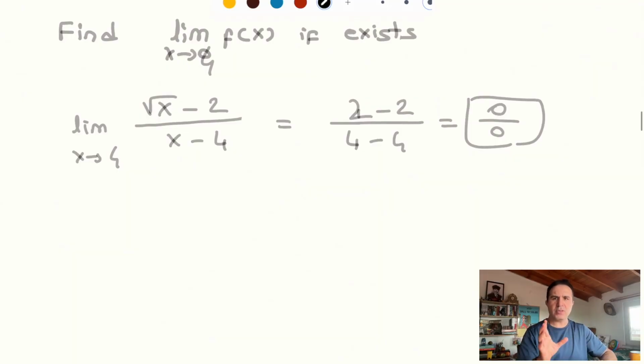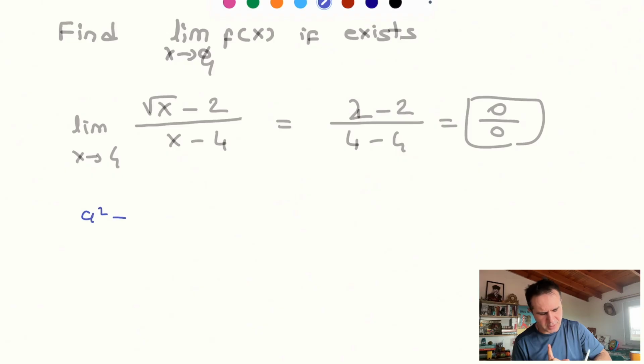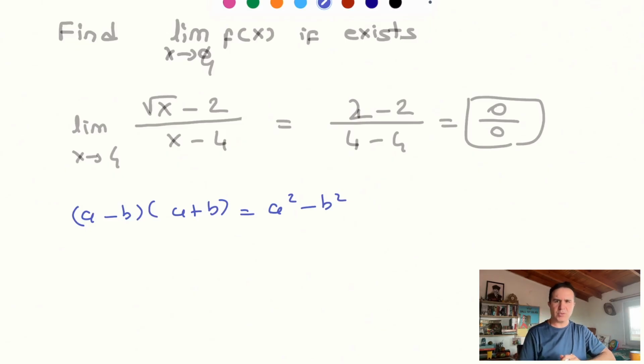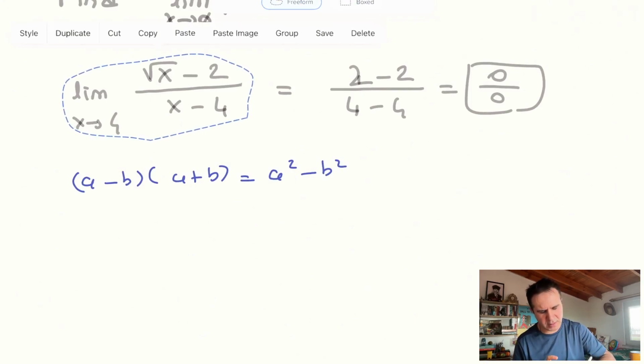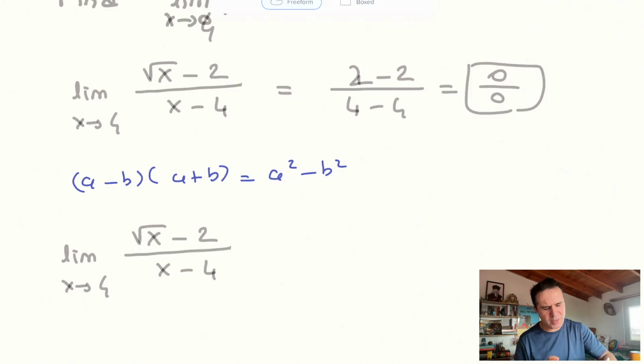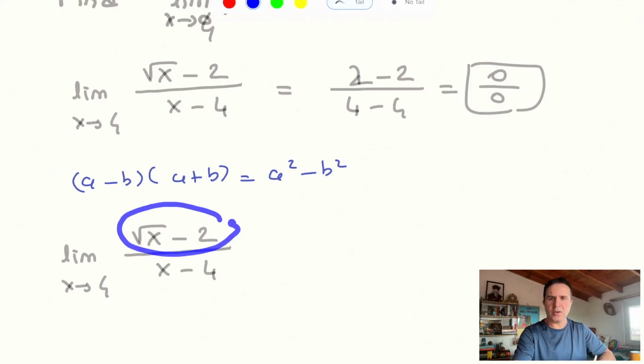Here we use the identity for difference of squares because we know that a minus b multiplied by a plus b is equal to a square minus b square. And when we have a square root in the numerator, multiplying by the conjugate of the numerator often removes the indeterminate form.